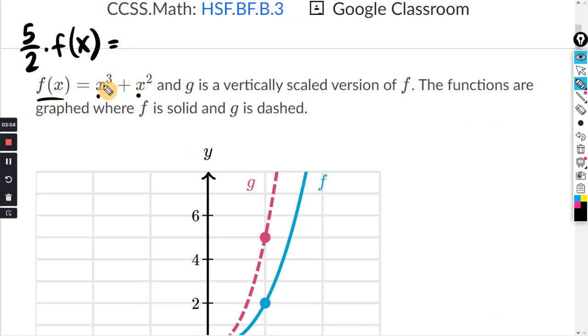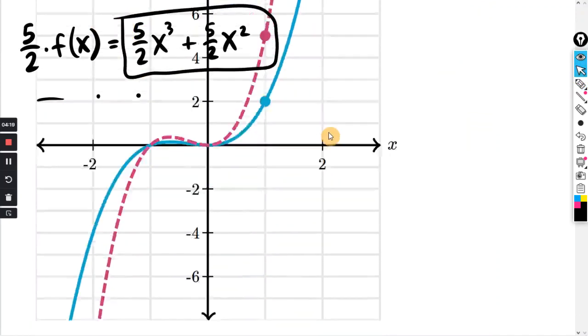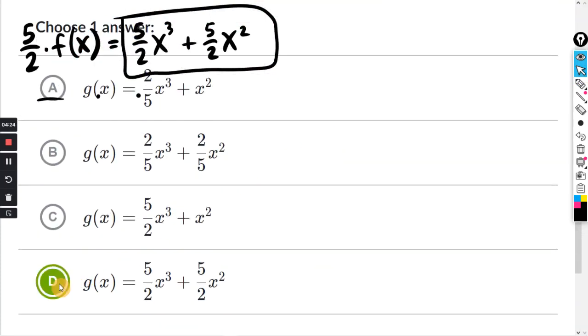So instead of x to the third, it's going to be 5/2 x to the third, and instead of positive x squared, it's going to be positive 5/2 x squared. Like I said, the 5/2 got distributed to both terms. So this will be the answer, and we just have to find the choice with that answer. 5/2 x to the third and 5/2 x squared. That's answer D.